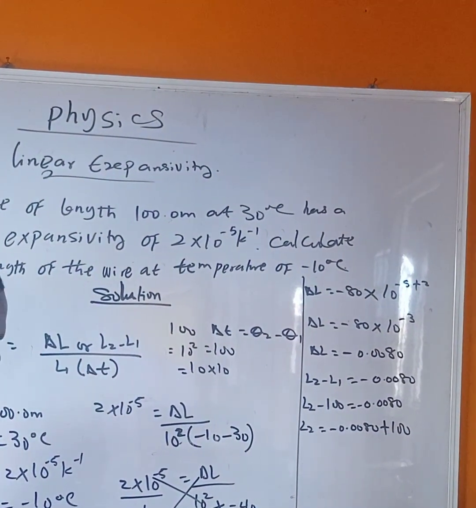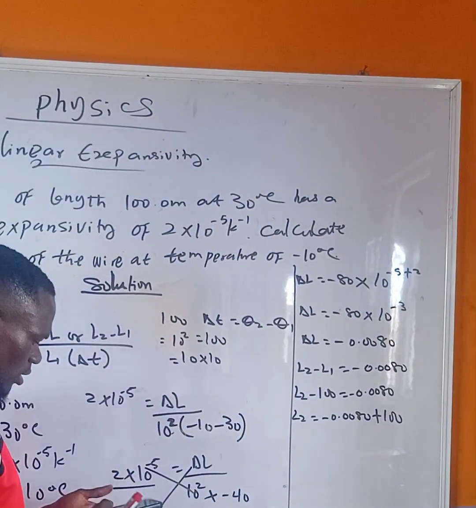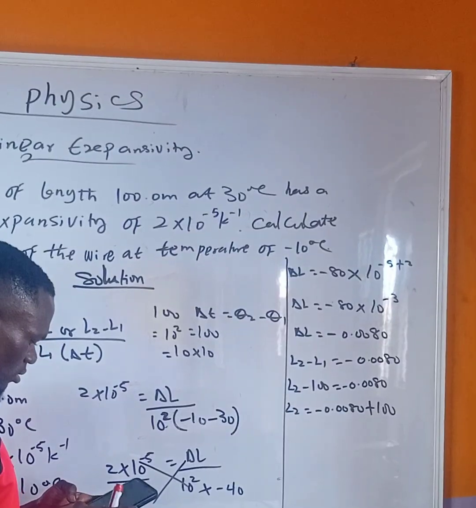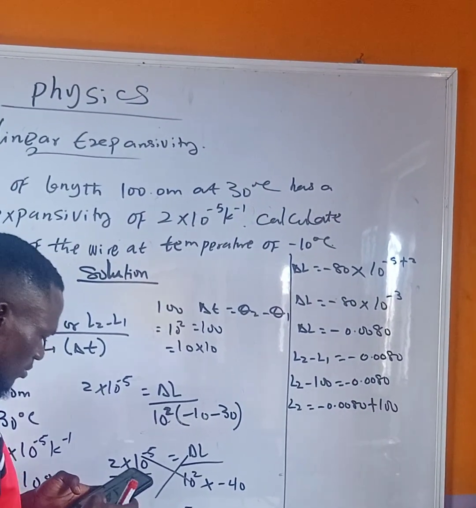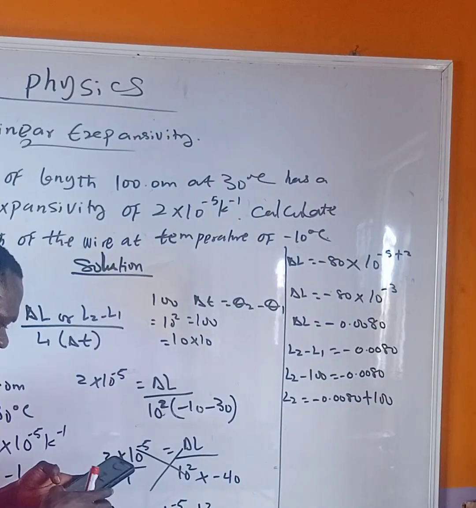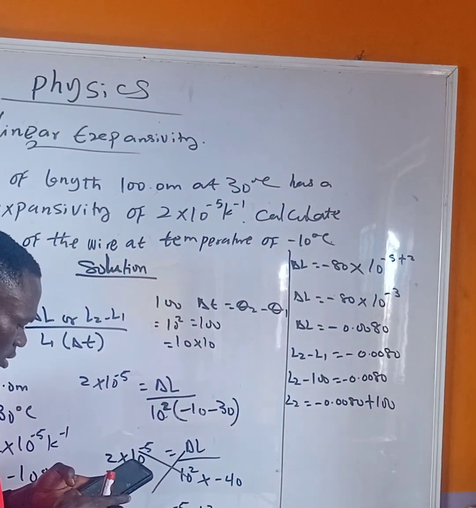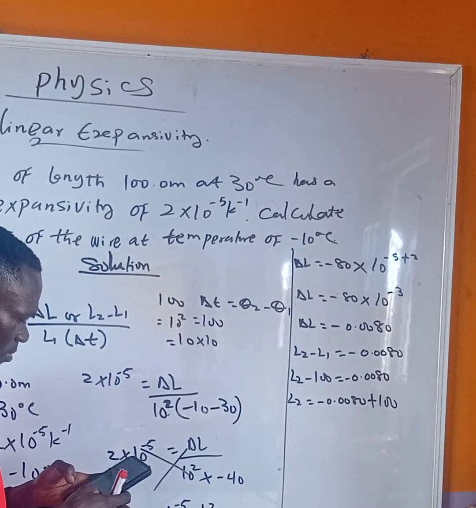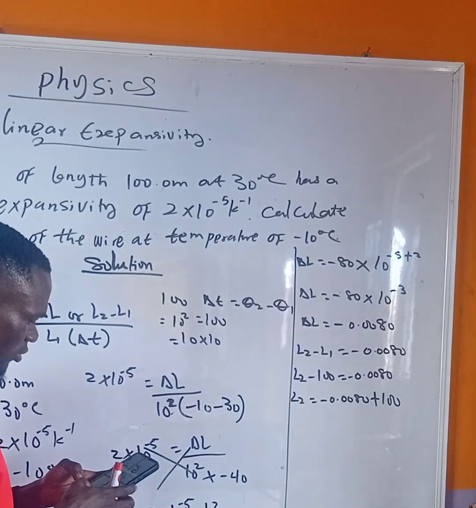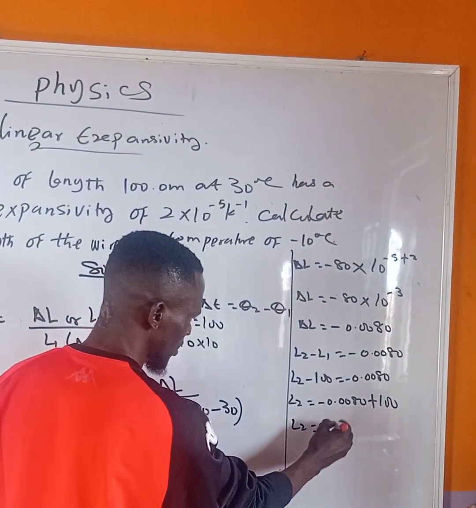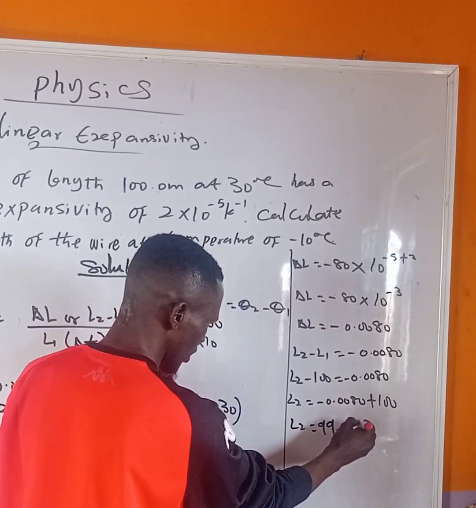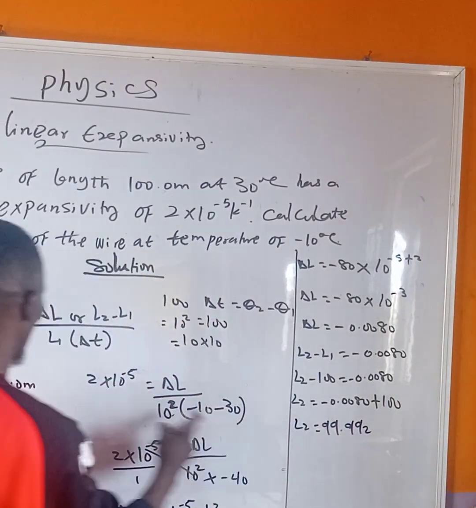When you subtract, we have minus 0.0080, then plus 100. That will give us L2 equals 99.992.